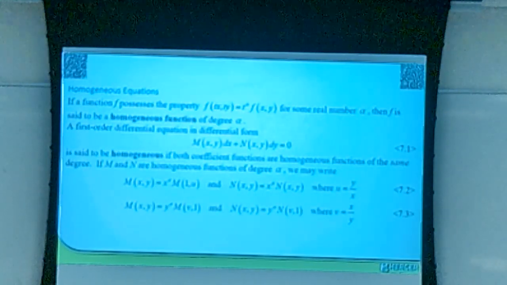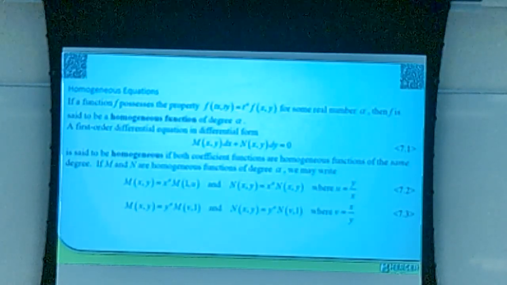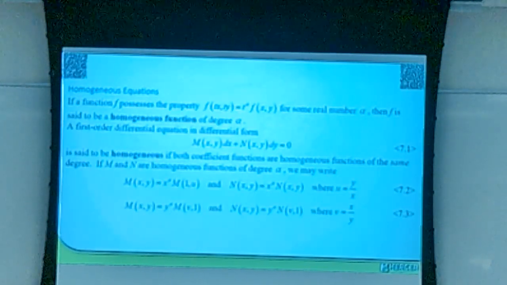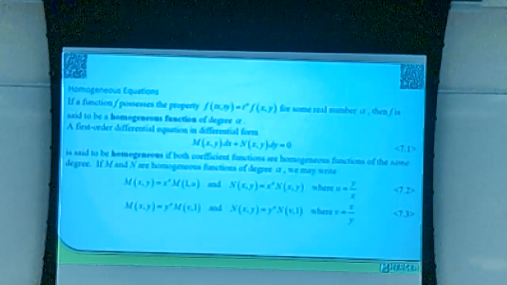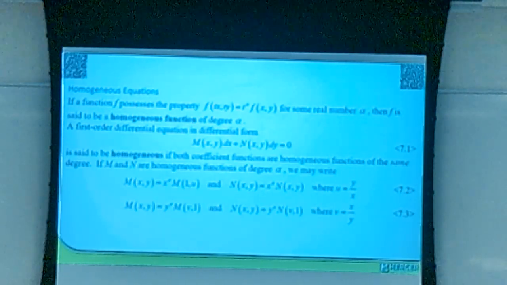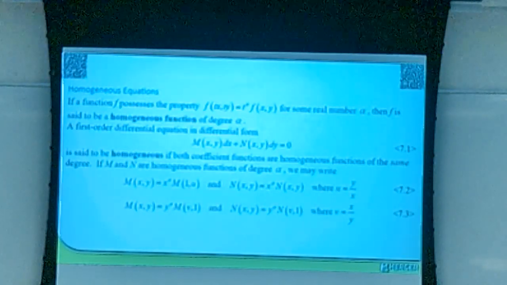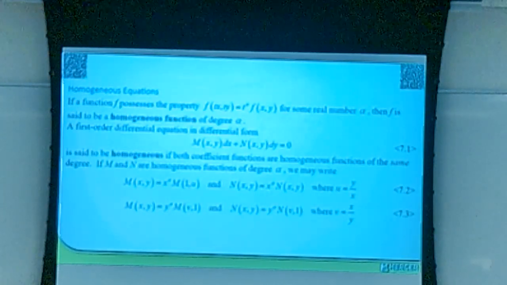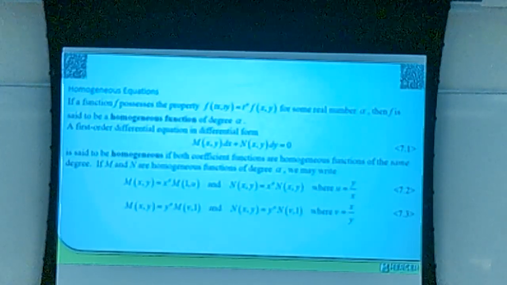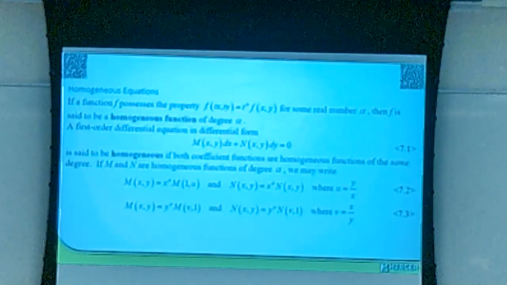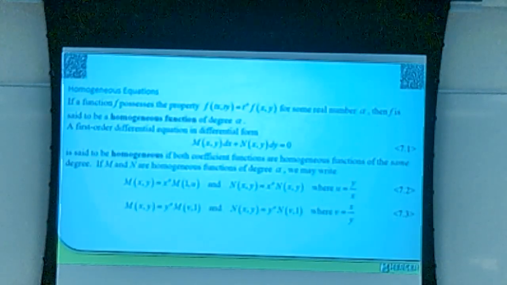Call that power alpha, then it's homogeneous degree alpha. A differential equation in differential form is homogeneous if both of your functions M and N are homogeneous of the same degree. Then you'd be able to use one of these two substitutions.